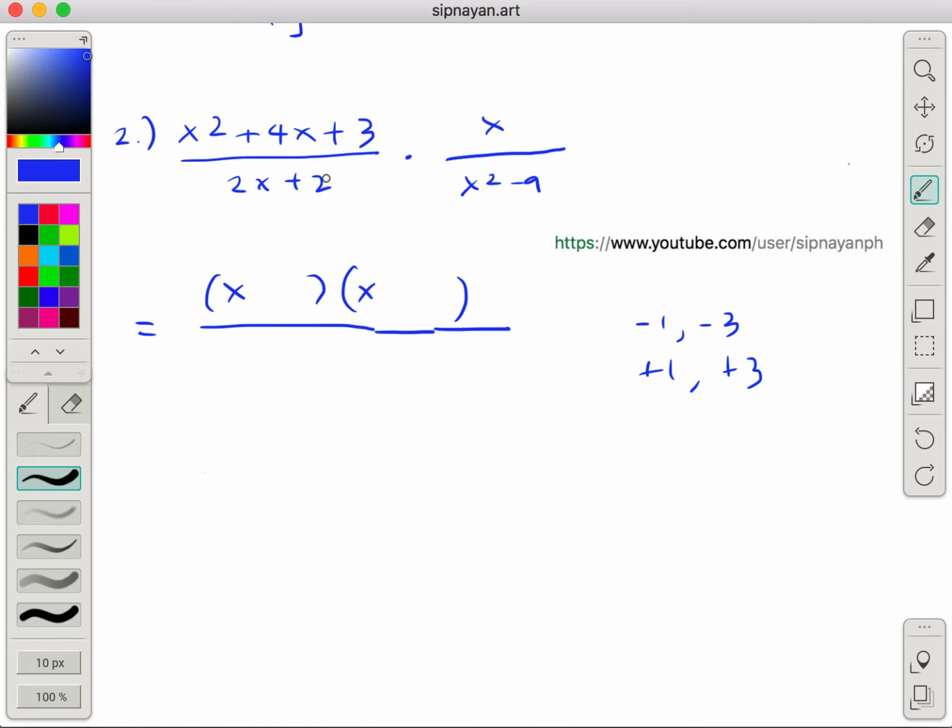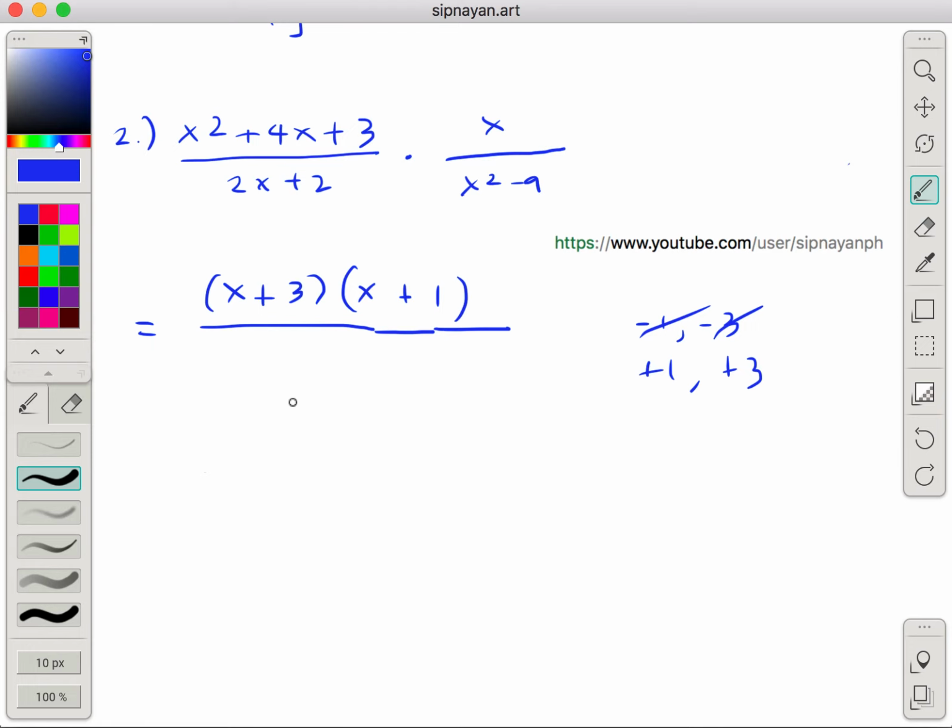However, puro tayo plus dito, kaya imposible tayo magkaroon ng negative. So this is plus 1 and plus 3. Pwede tayo mag-check. X times x is x squared, and then 3x tsaka x, this is 4x. And yung pinaka-last niya ay 3.